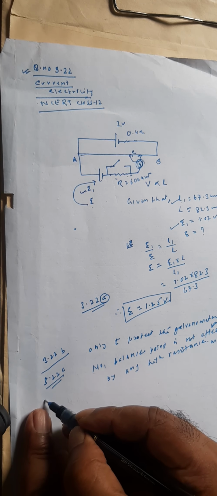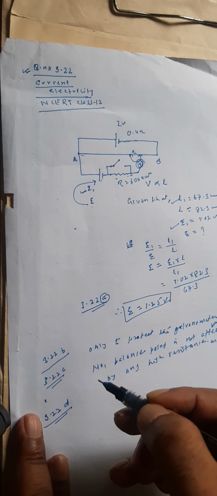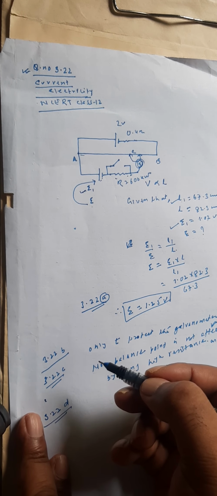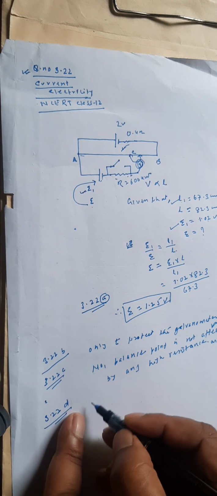And now next, 3.22D: is the balancing point affected by the internal resistance?